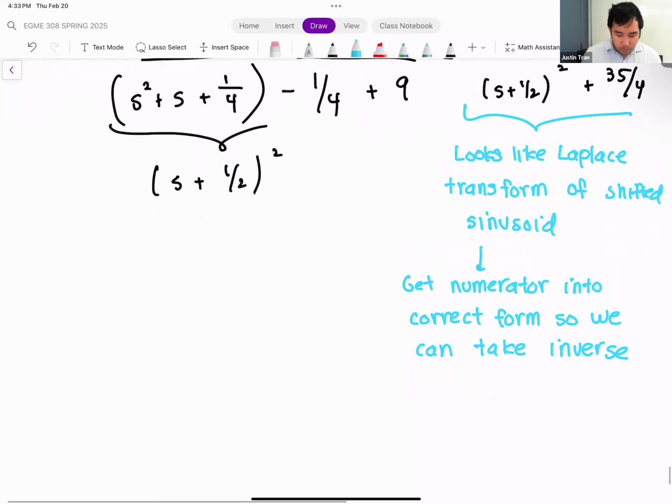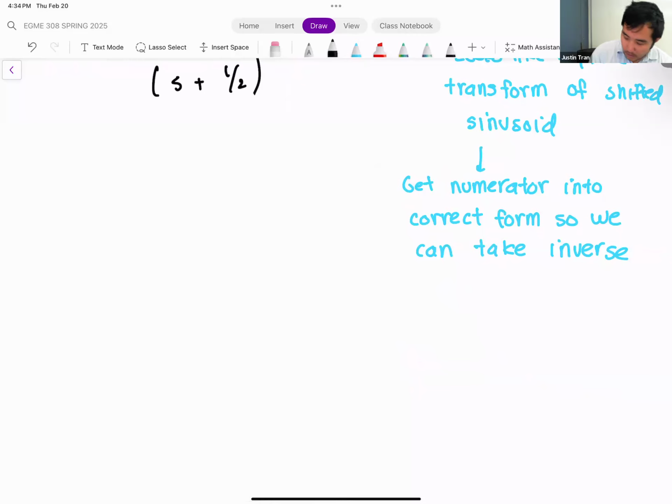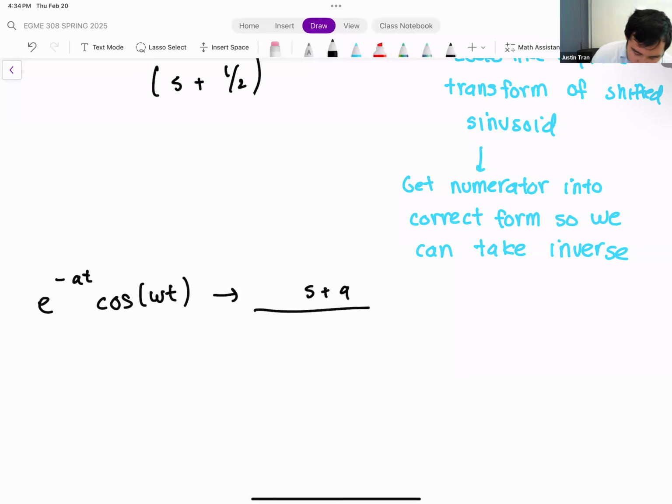All right, so let's remind ourselves what the transforms for these actually look like. If we look in the table, the transform for e to the minus at cosine of omega t is s plus a divided by s plus a quantity squared plus omega squared.